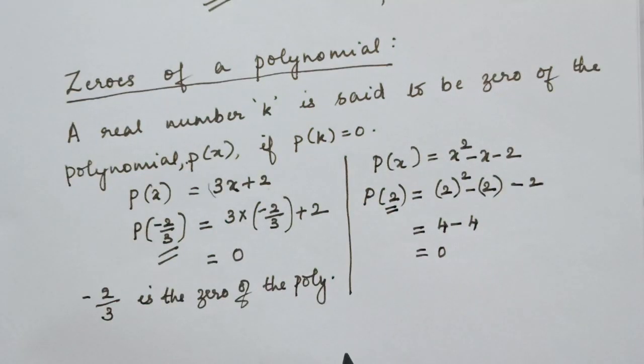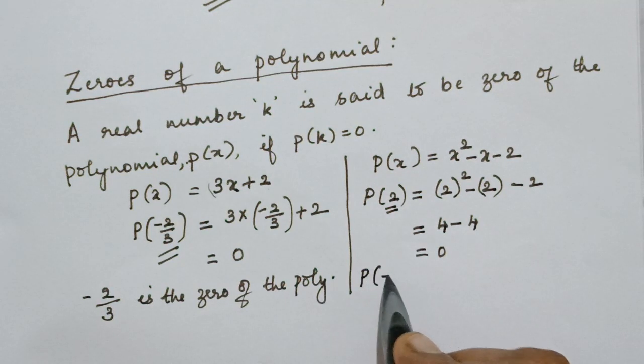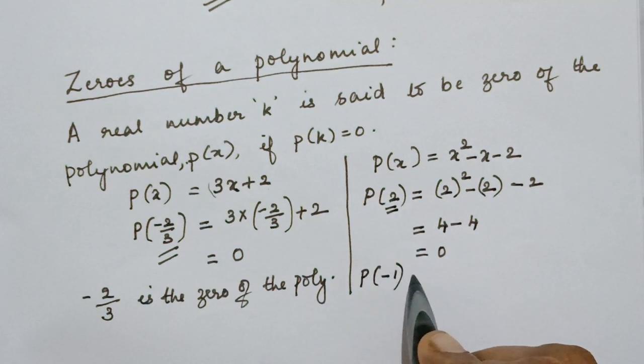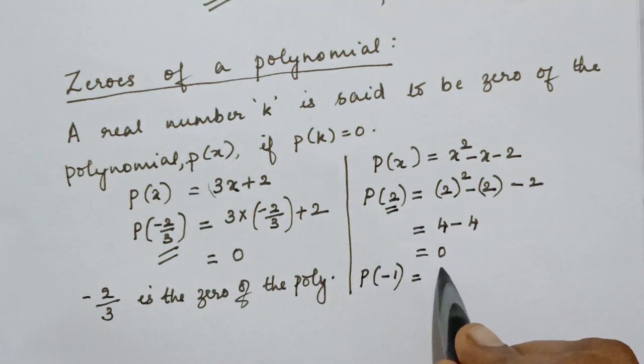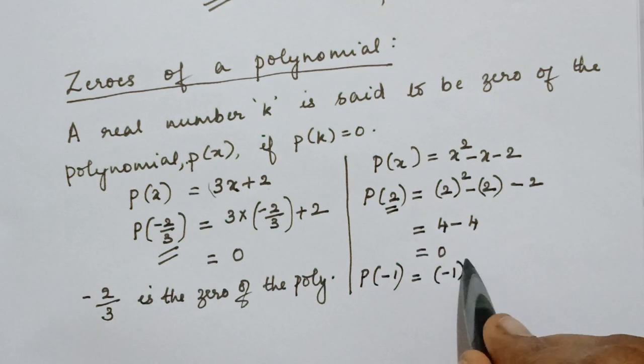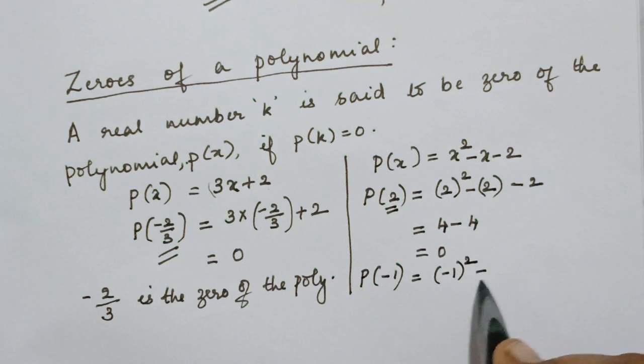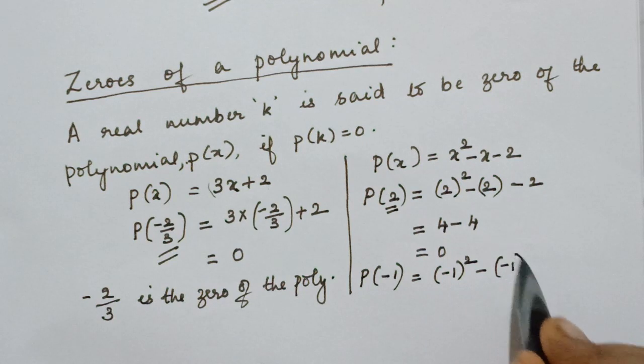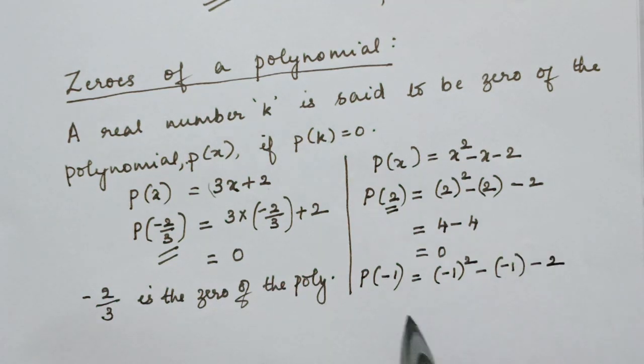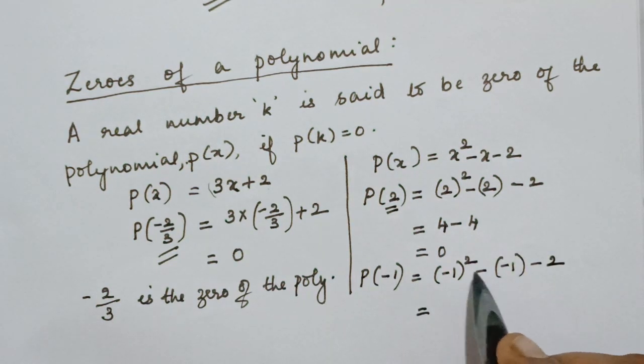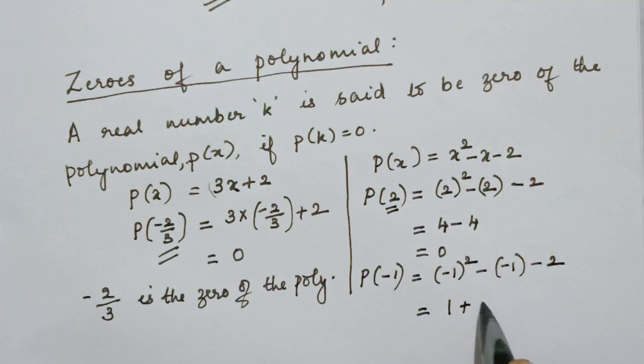Now we will check with another number, p of minus 1. This also: minus 1 the whole squared minus minus 1 minus 2, which is equal to, minus 1 squared is 1. Minus and minus will become plus.